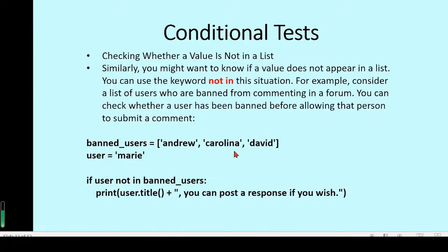So this is a list of banned users with 3 people. So another user called Mary. So if user not in banned users, we will print the user's name in title form, you can post a response if you wish. Because this user's value Mary is not in this list, this conditional test will get the true. So this message will be printed out.